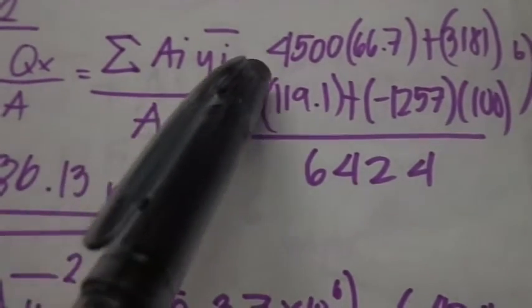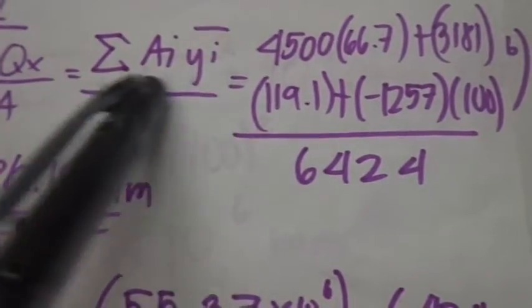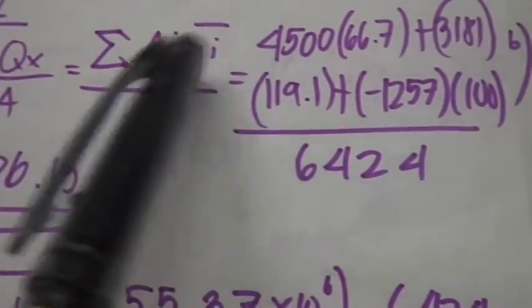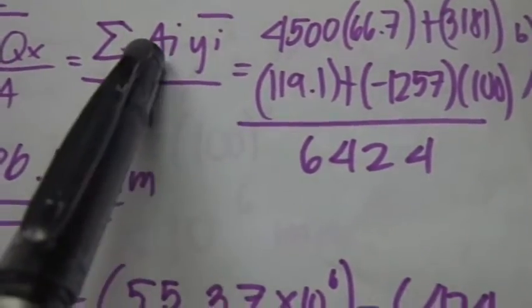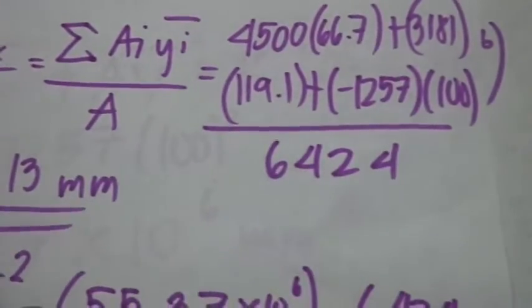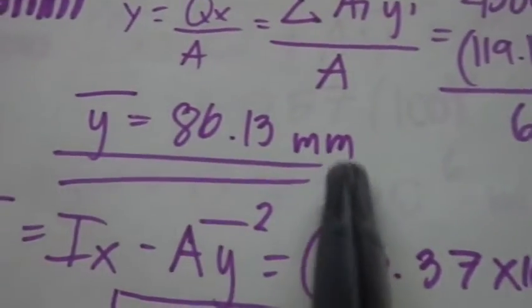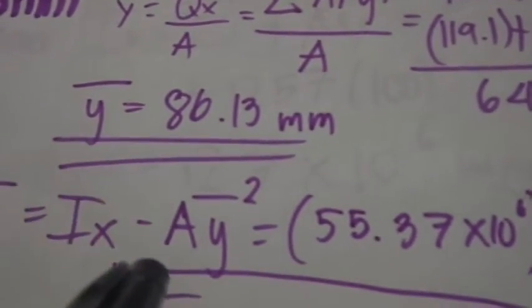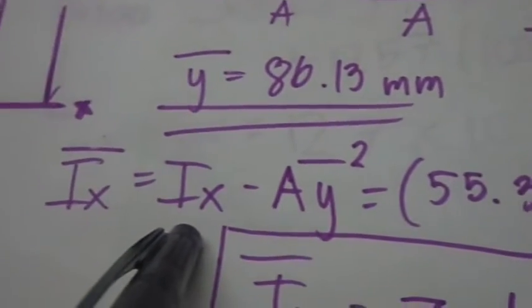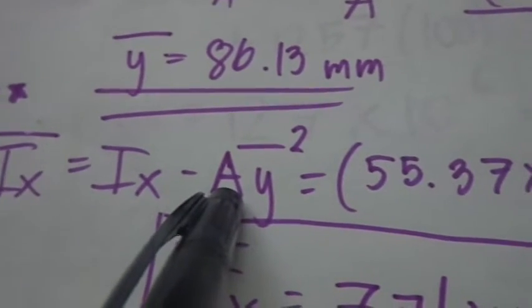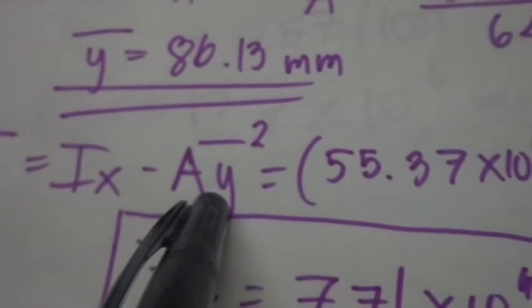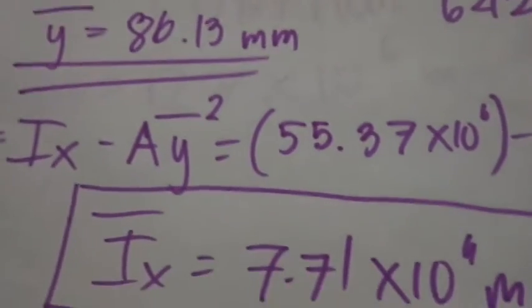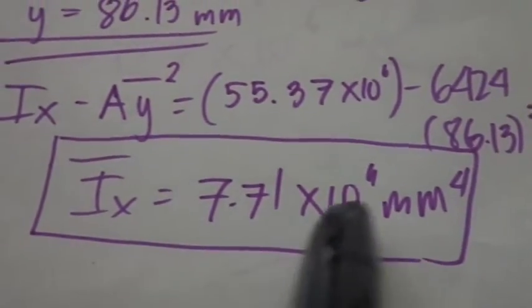And to get the first moment of the composite area, we will need to get the summation of all the areas and all the centroids, which gives 86.13 millimeters. Now, given that value, we substitute it to the Ix that we got earlier minus the composite area times the square of the new value of the centroid, which is equal to 7.71 times 10 to the 6 millimeter to the 4th.